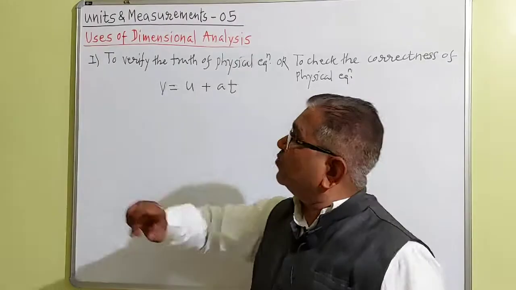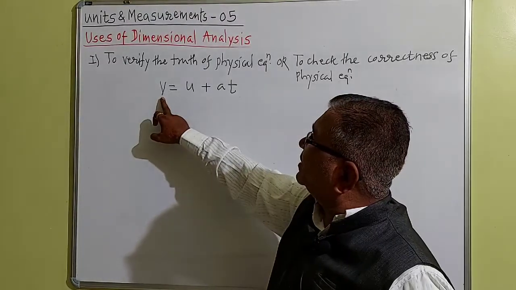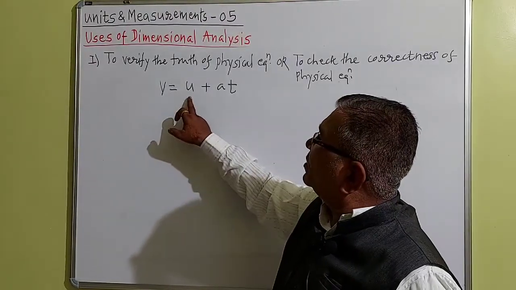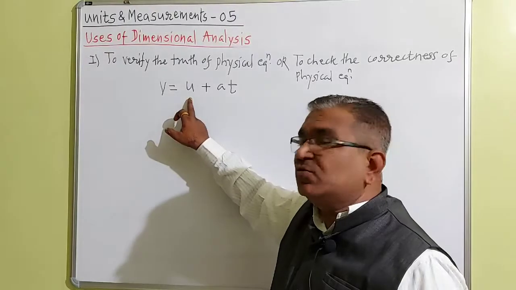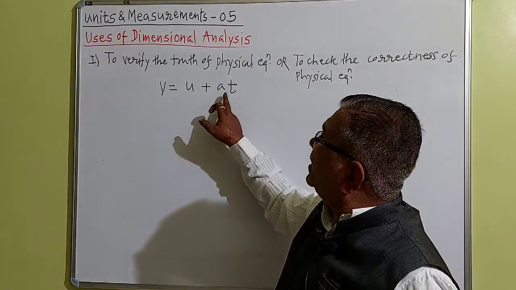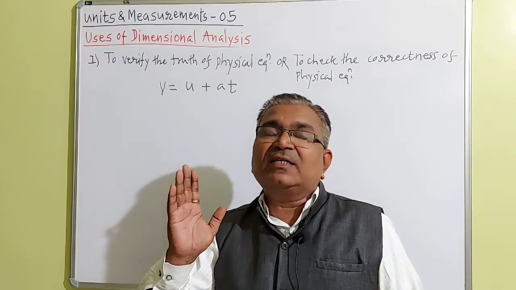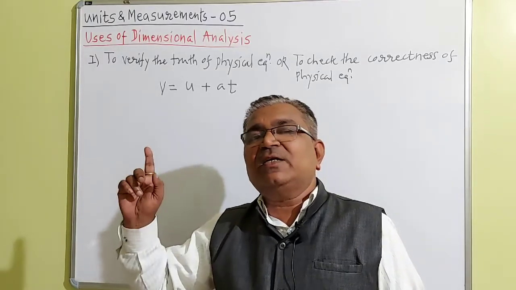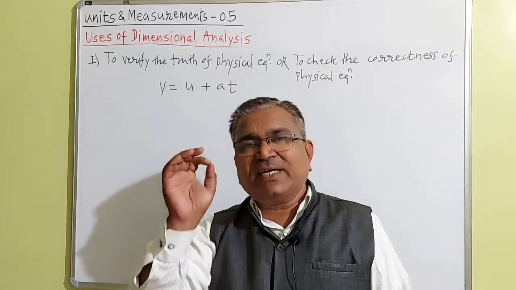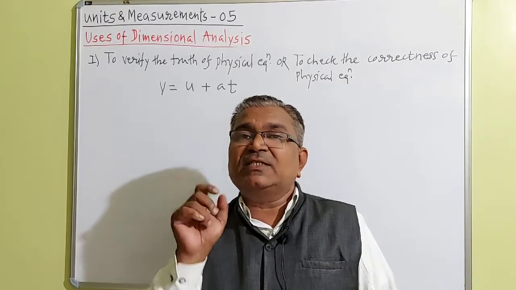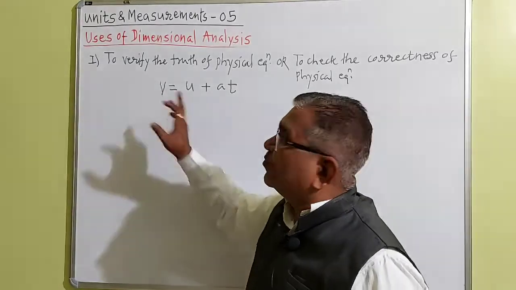So we have to find the dimension of final velocity V, the dimension of initial velocity U, and the dimension of AT. If the dimensions are equal, then we can say that the given equation is dimensionally correct. So our duty is to calculate the dimension of V at first.